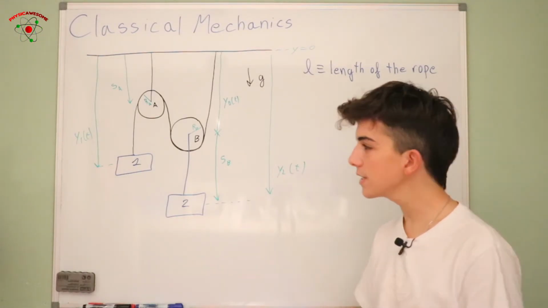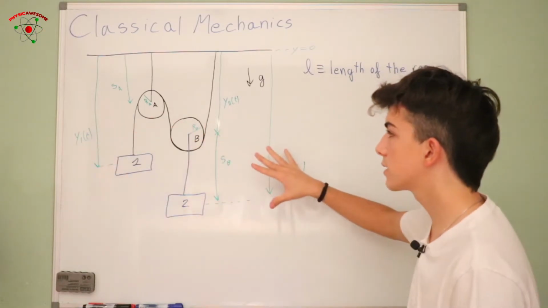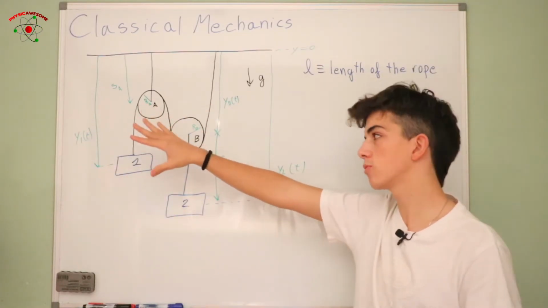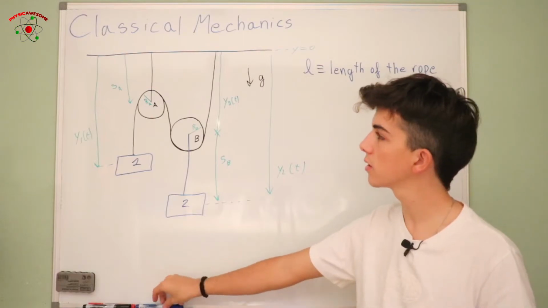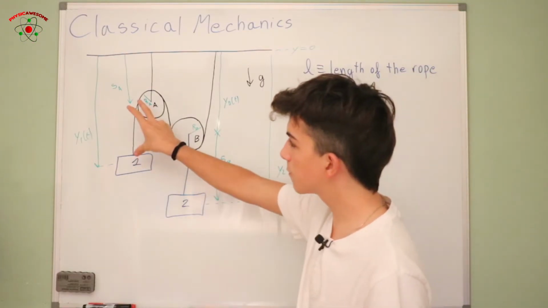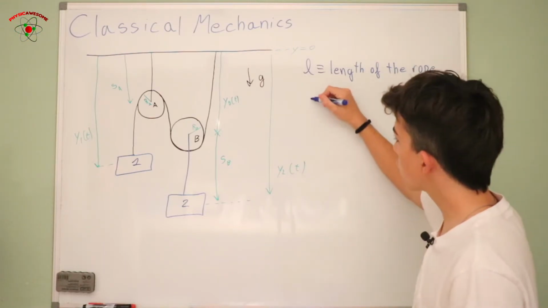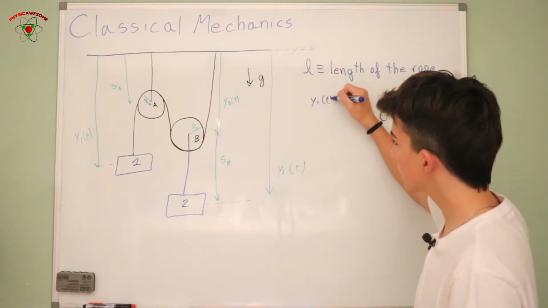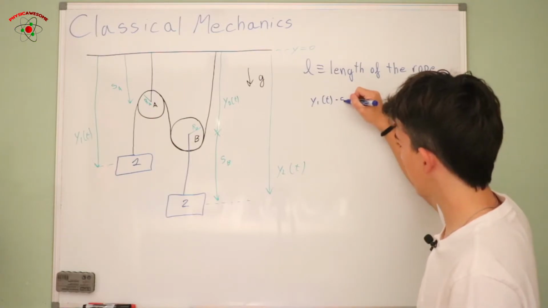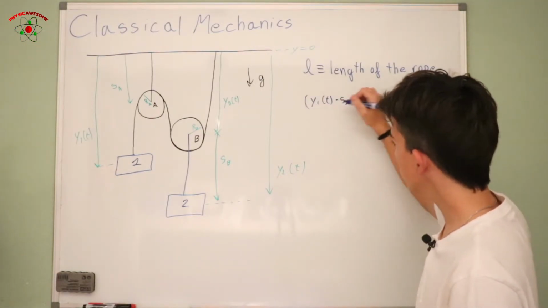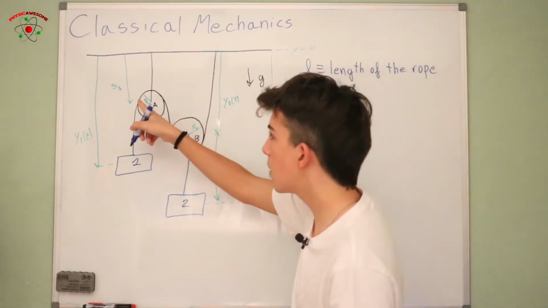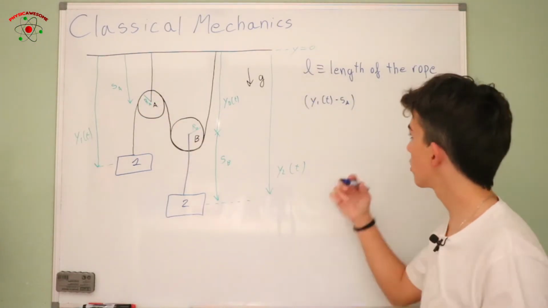Therefore, let's see how we can express the length of the rope in terms of all these quantities. This first segment of rope will be y1 of t minus SA. Then we will add pi RA, as we talked before.